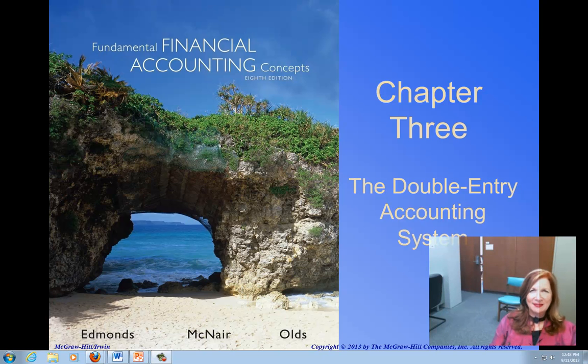Next, we come to asset exchange transactions. It's obviously when you're giving up one asset for another. The list of transactions that are presented there to you are the same events you saw in chapters 1 and 2, but now you're seeing them in a T account presentation, entered on the left or entered on the right, and then looking at an analysis if that entry on the left or the right made the account go up or down.